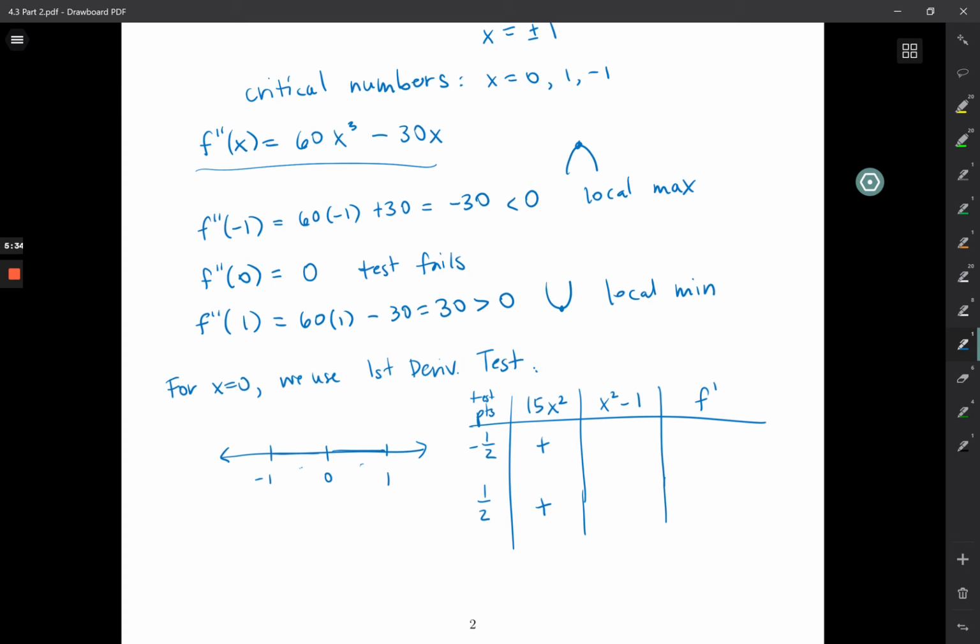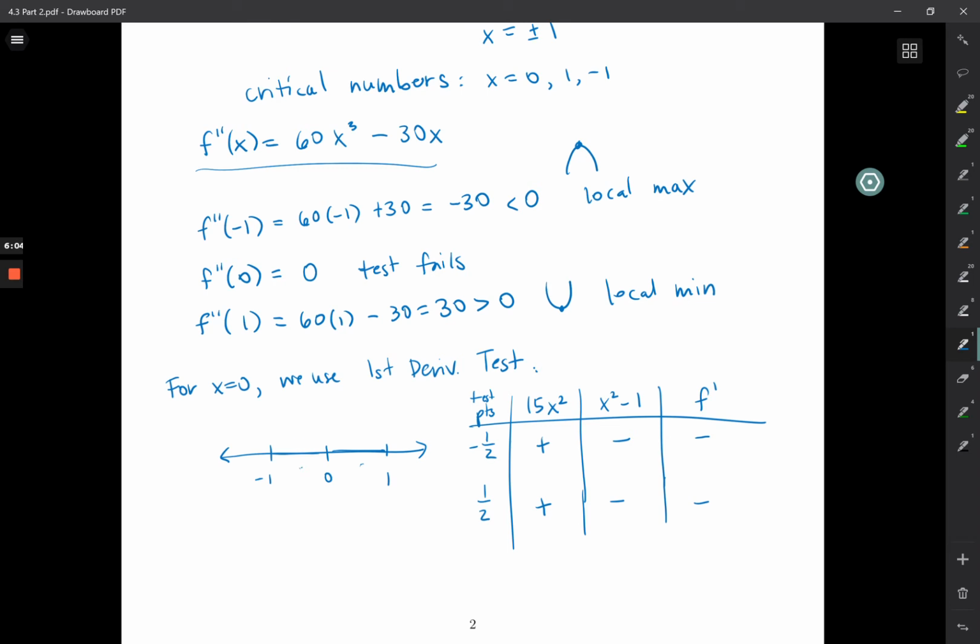If we plug in -1/2 into x squared minus 1, we'll get 1/4 minus 1, so that will be a negative number. The same thing happens when we plug in 1/2. Since we're squaring it, we get the same answer, so that's also negative, meaning that f prime is negative on the first interval and still negative on the second interval.